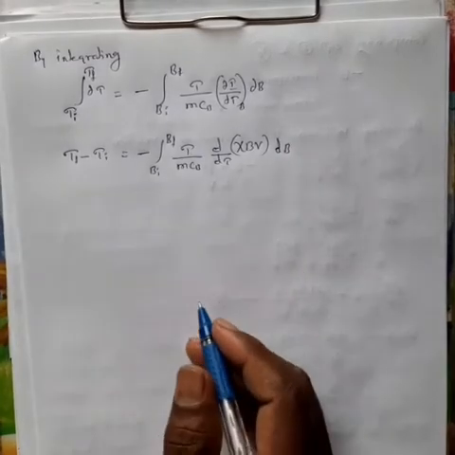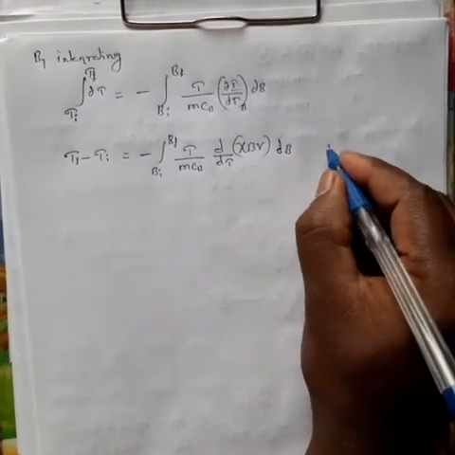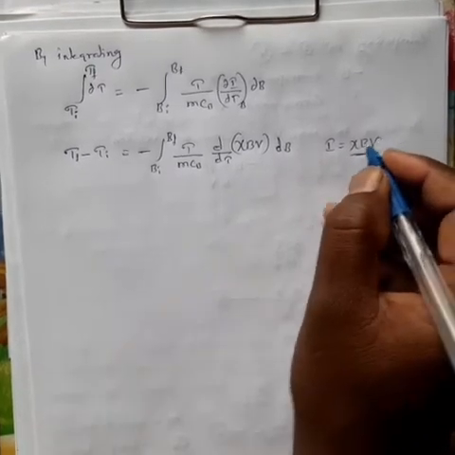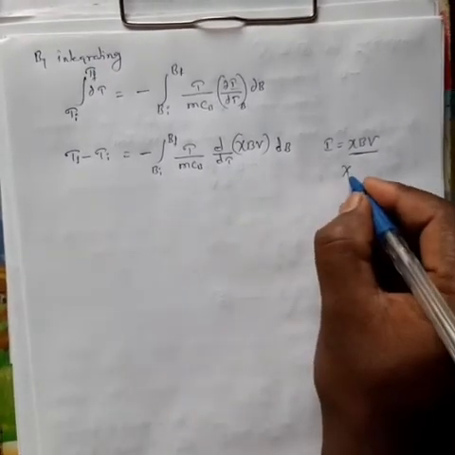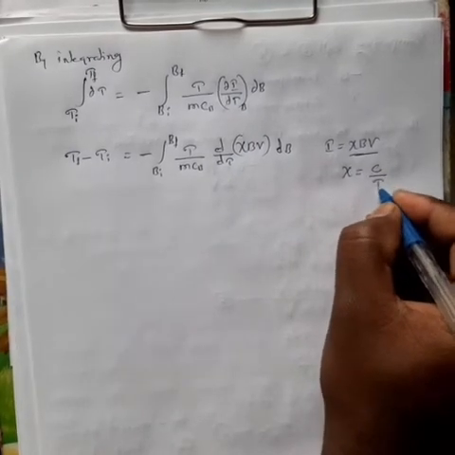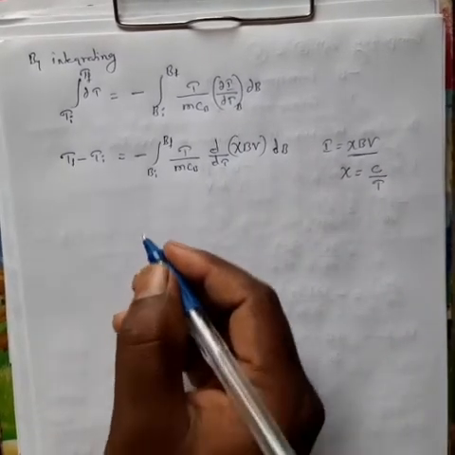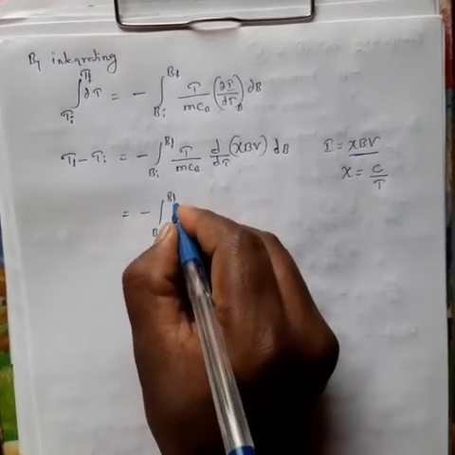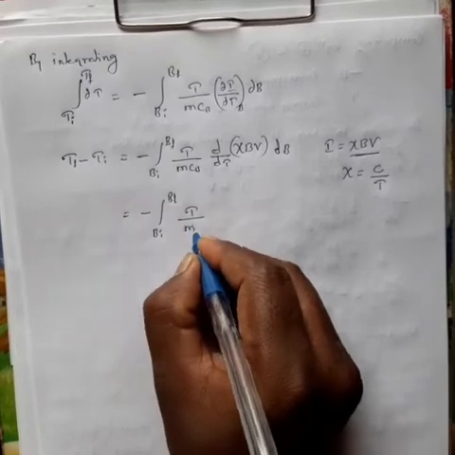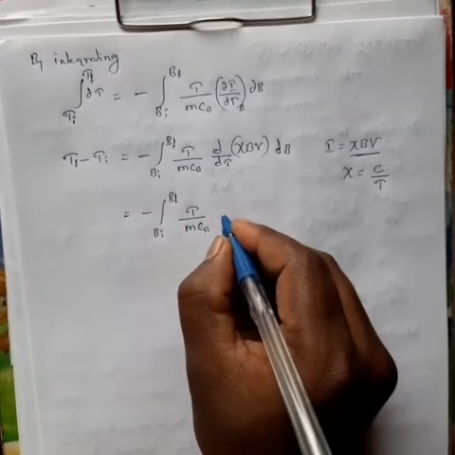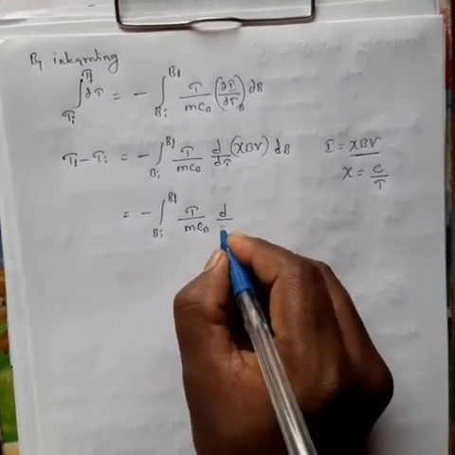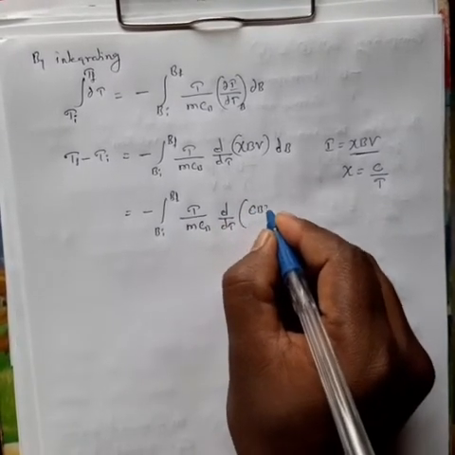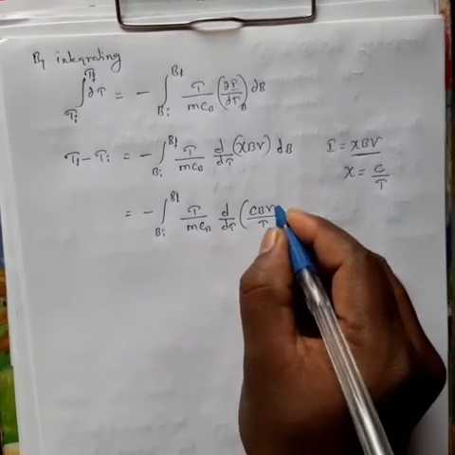We took psi B into V, and psi can also be written as C divided by T. Here this can also be written as Bi to Bf T divided by M Cb. Now d by dt can also be written as C into B into V divided by T into dB.